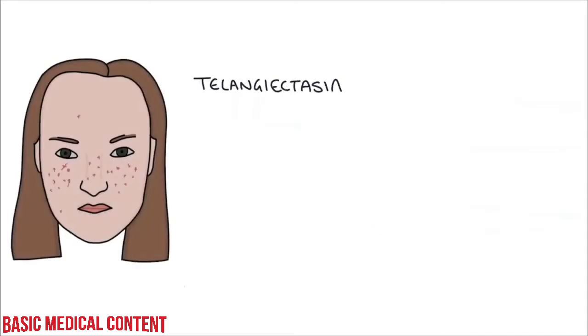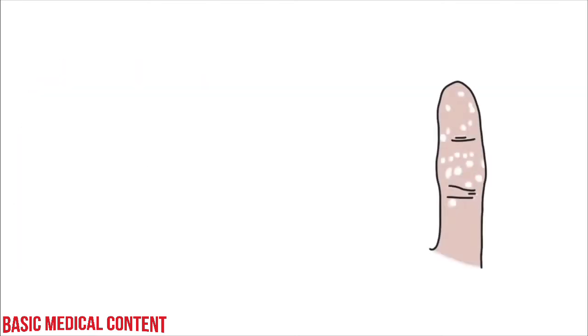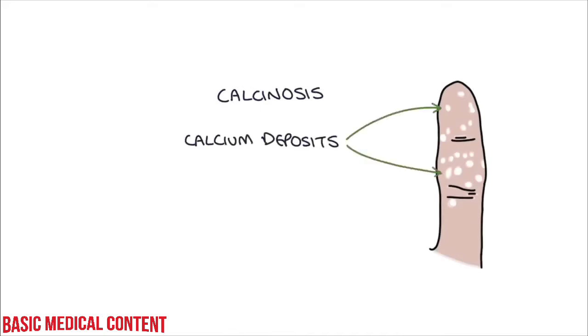Next is telangiectasia, and these are dilated small blood vessels in the skin. They are tiny veins that have dilated and they have a fine, thready appearance, and you often see these on the cheeks or other areas affected by scleroderma. Calcinosis is where calcium deposits build up under the skin, and this is most commonly found on the fingertips.